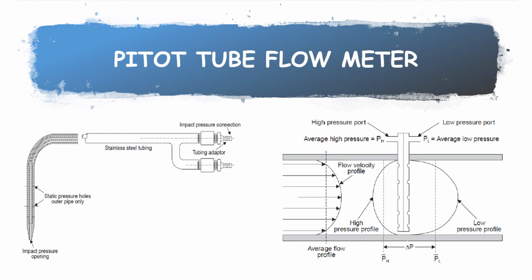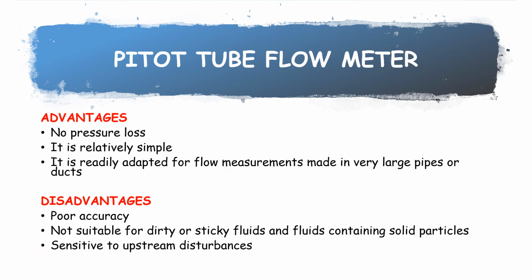They consist of a tube with high and low pressure holes with fixed separations. The flow that passes through the sensor creates a low pressure profile, and working on the same principle as the high pressure side, an average low pressure signal is produced in the low pressure chamber.